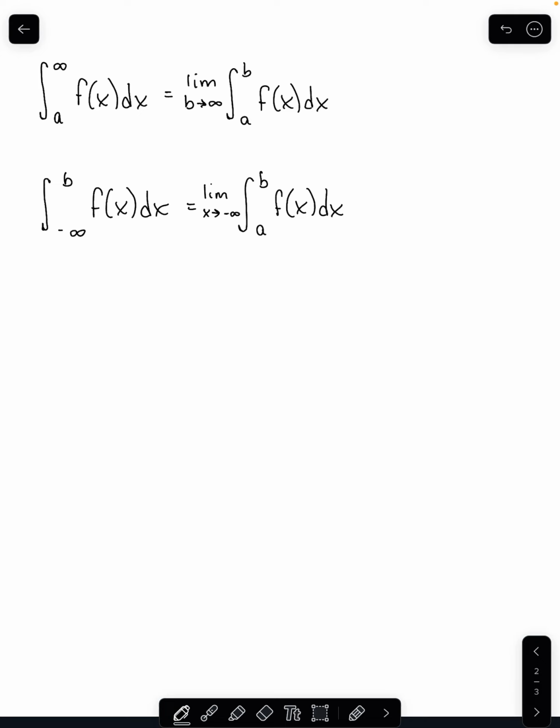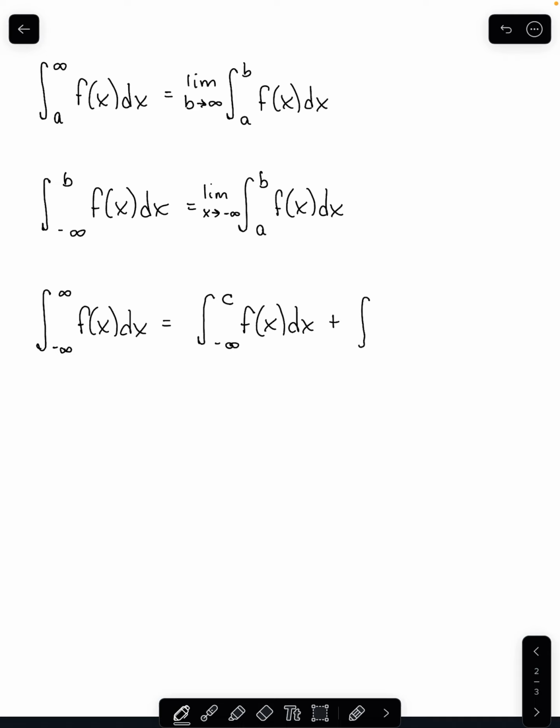The third scenario is what happens if both limits of integration go infinite, if it is unbounded on both sides. Well, unfortunately, we can only deal with one infinite limit at a time, but we have a property of definite integrals that says that as long as the function is continuous on the entire interval, then we can pick any place in the middle of the interval and separate the interval into two separate intervals.